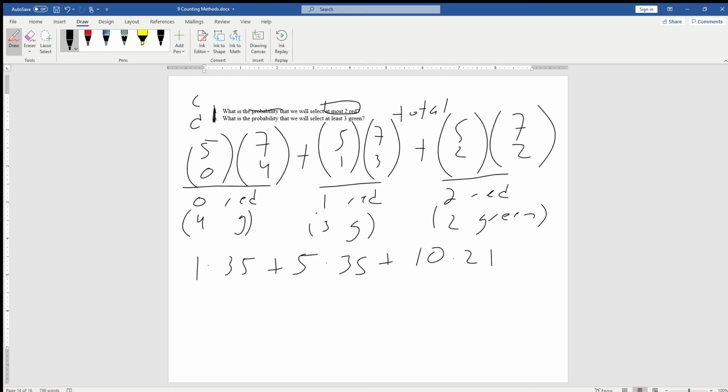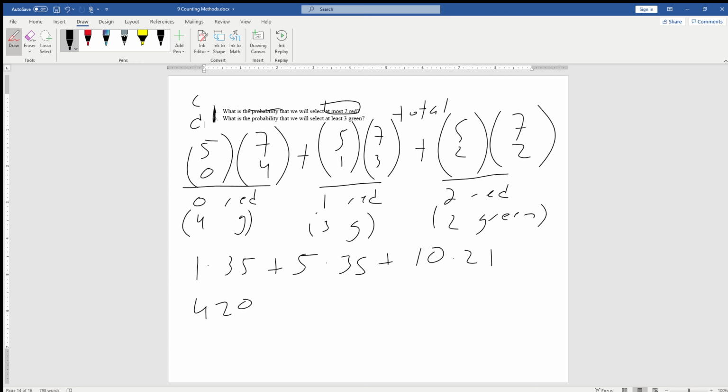But I'm going to compute those just to make sure I'm not making any errors by accident. So I got 10 and 21 respectively. All right, so if we add those up, 35 plus 175, plus 210. I believe that works out to be 420. I'm just checking one more time to verify. So I get 420.